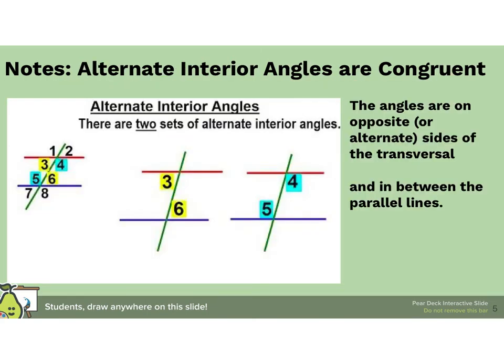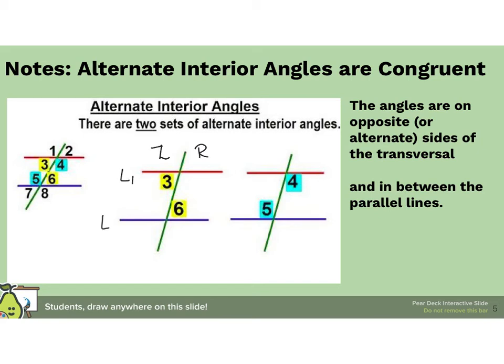Next, we have alternate interior. So there's only 4 of these. There's 2 sets. So alternate means, so if this is the right side of the transversal and this is the left, they have to be on opposite sides of the transversal, and then they're sandwiched in between the parallel lines.